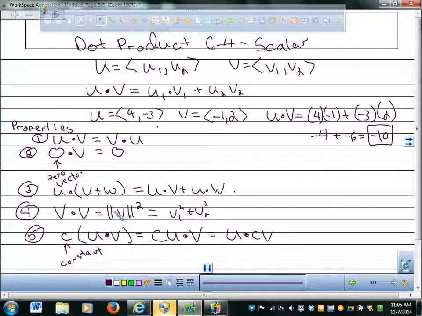So some examples. I'm going to add to these 3 vectors another vector, which I'm going to call w, and that vector is going to have components 0, 3. So say you want to find v dot v.